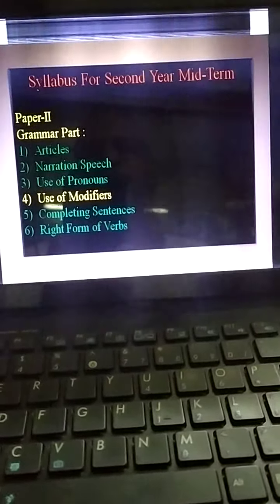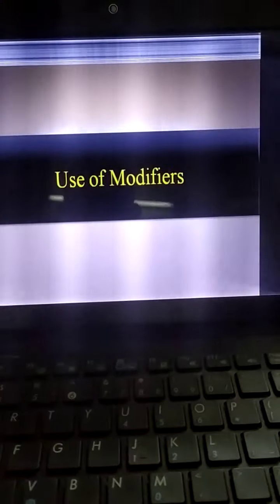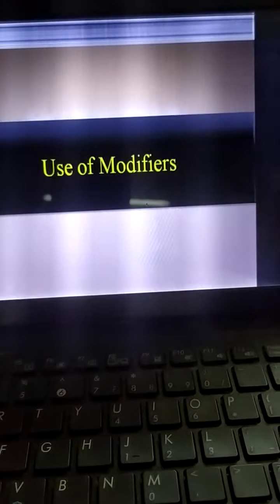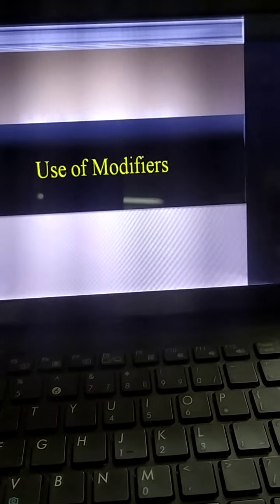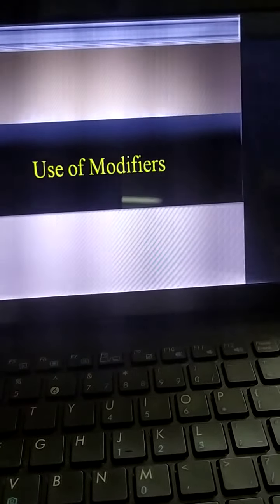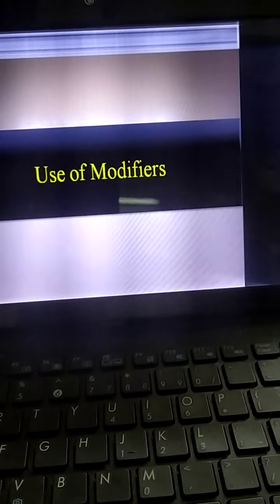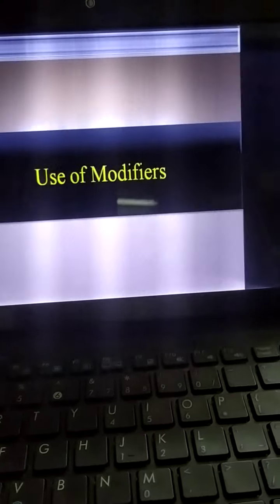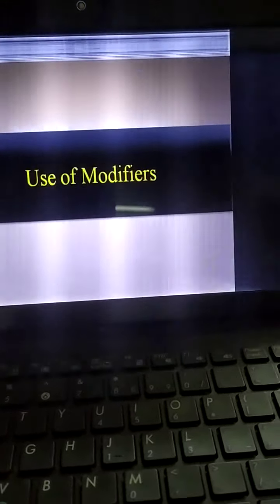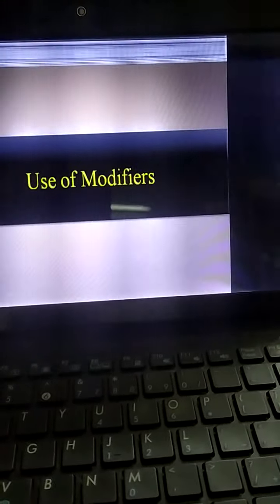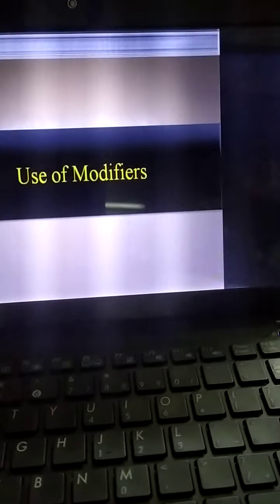Firstly, for understanding this topic, a modifier means a word that modifies another word. A word that modifies another word is called a modifier. Modifiers can be of two kinds: pre-modifier and post-modifier.